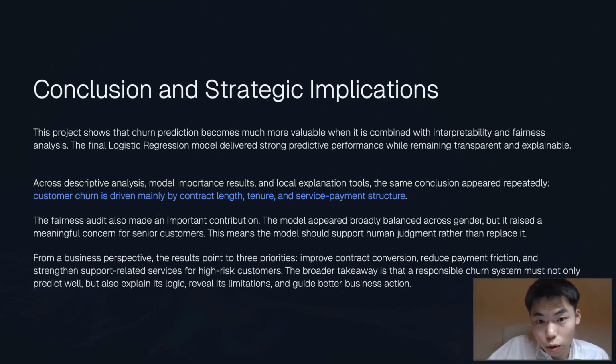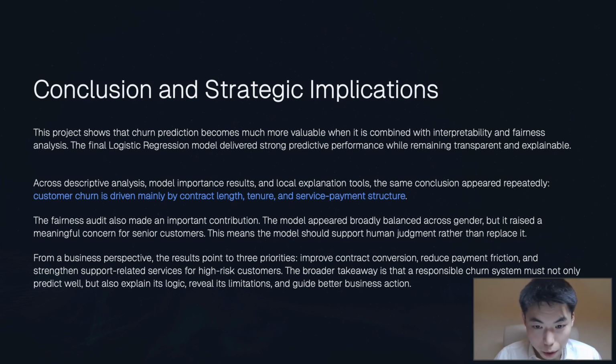Yes, the final logistic regression model performed well, but that's only one part of this project. The bigger result is that now we know why customers churn, and the main drivers were tenure, contract length, and the service and payment structure. We also learned an important fairness lesson. The model looks balanced for gender, but it shows a real concern for senior customers.